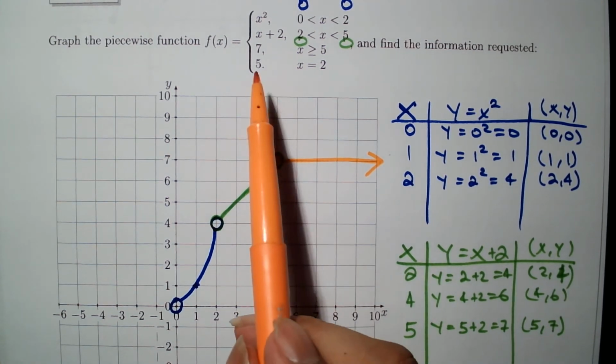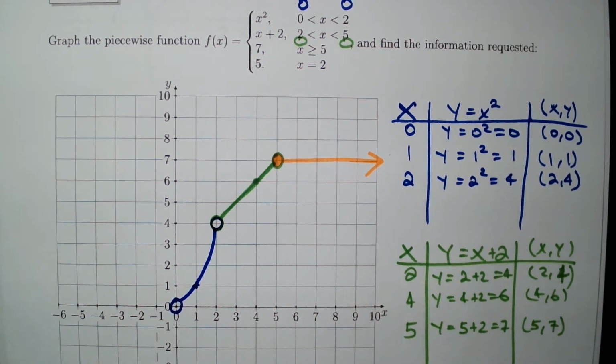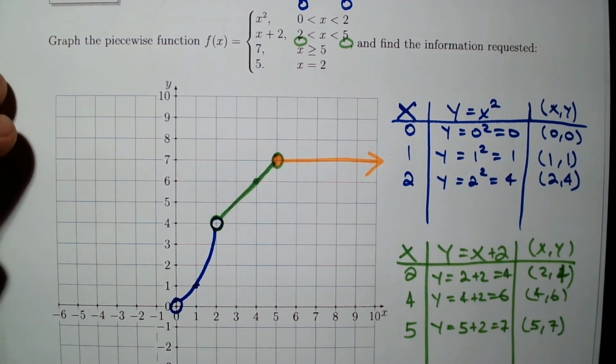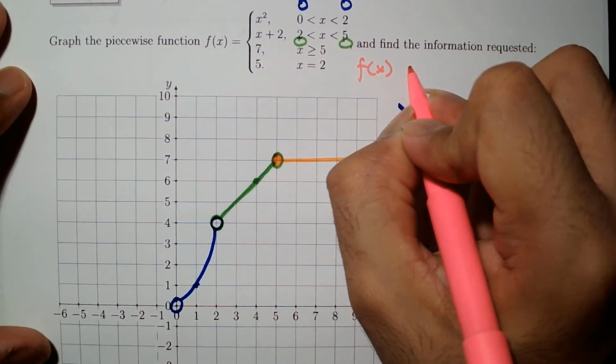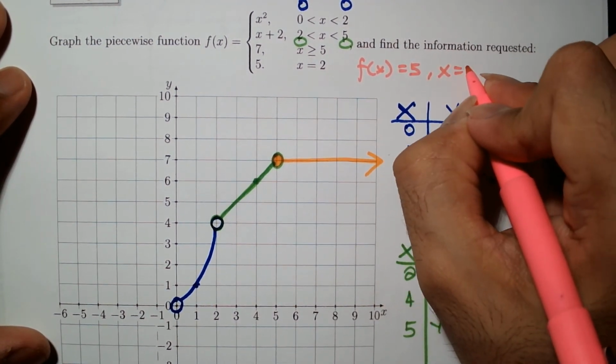All right, and possibly the trickiest part about this type of function, let me write it down with a different color. I'm going to use pink. F of x equals 5 when x equals 2.